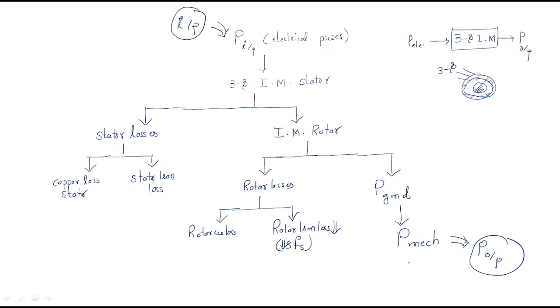Okay. So that's why we can give the conclusion, this is the most important conclusion: at starting, the rotor frequency is nothing but the stator frequency. So you should consider the core losses, as core losses are available.